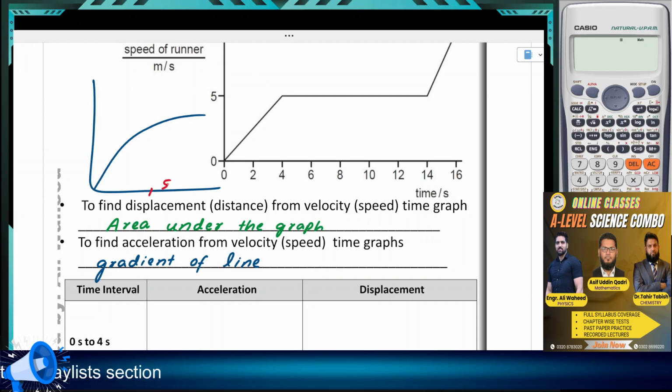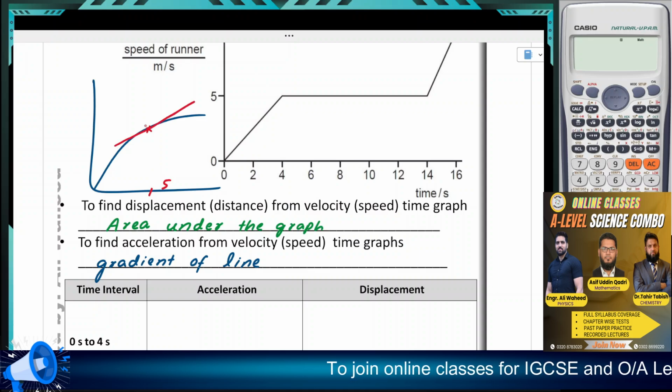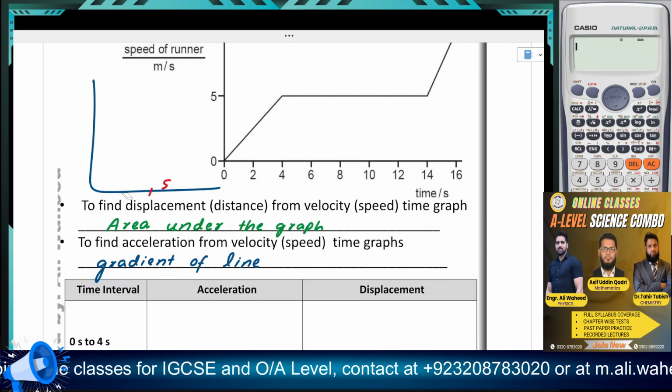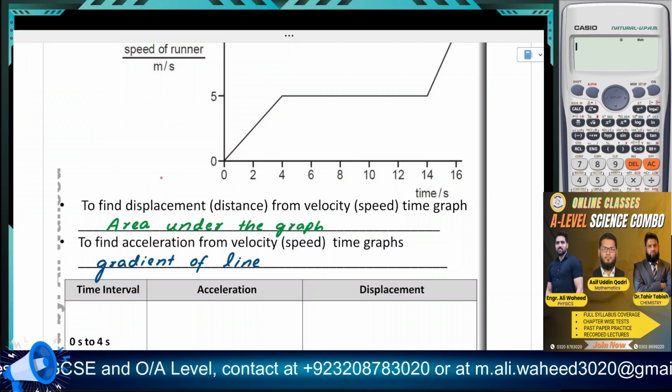So let's say they ask you to find it at 5 seconds. At the 5 second mark, you draw a tangent, and then you find the gradient of that tangent. But this is the advanced case that we'll be solving afterwards.